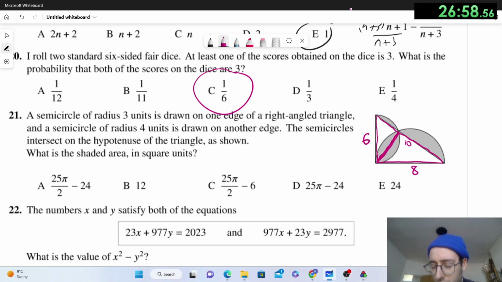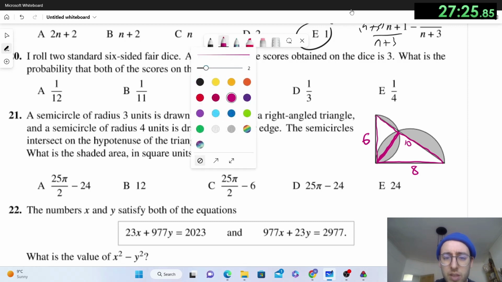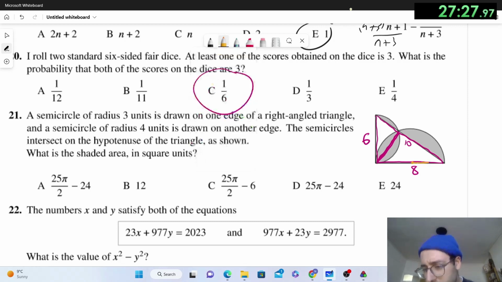What is the shaded area in square units? Okay, wait. This length is 4.